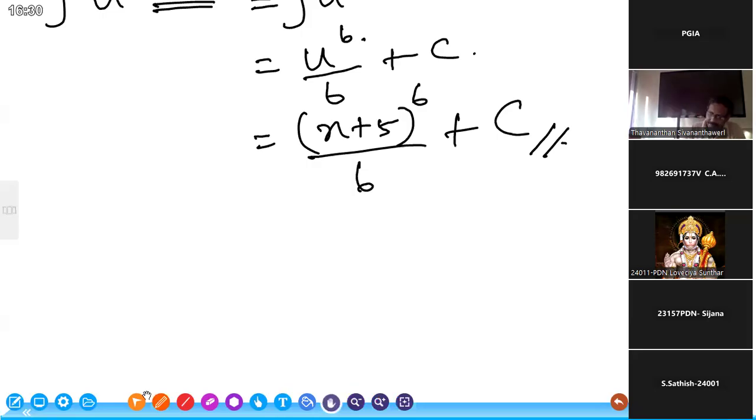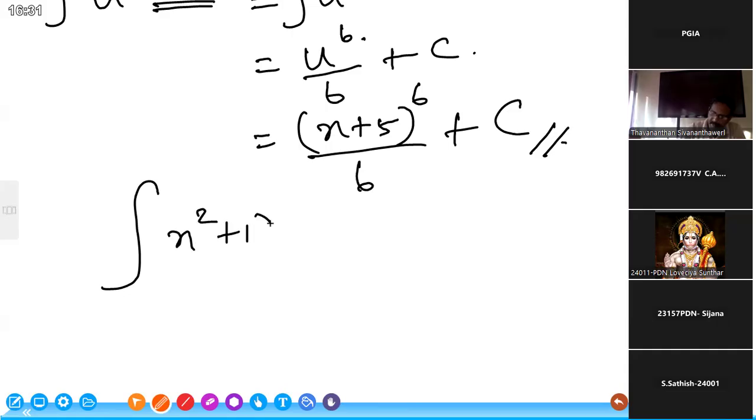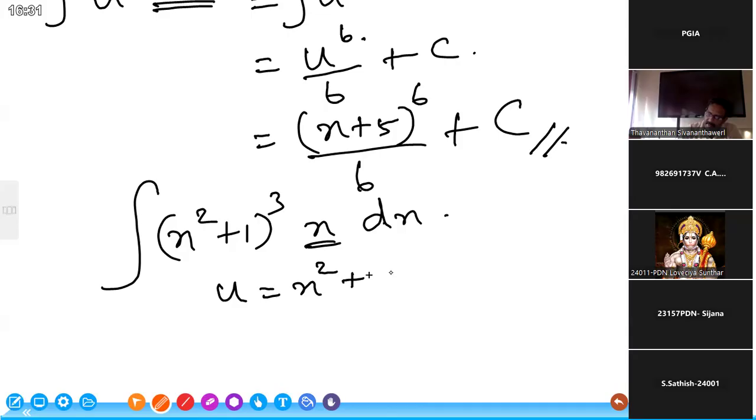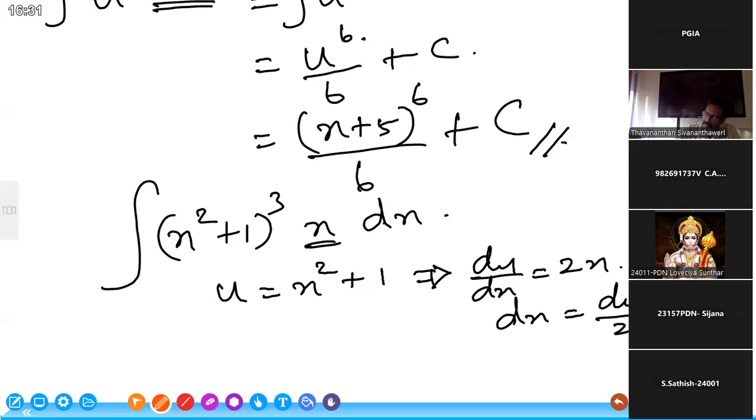Another one. Integration of x square plus 1 to the power 3 into x dx. So here we cannot simply multiply the x with the given component, so take u as in an earlier way, x square plus 1. From that, du by dx is equal to 2x, so that dx would be du by 2x.